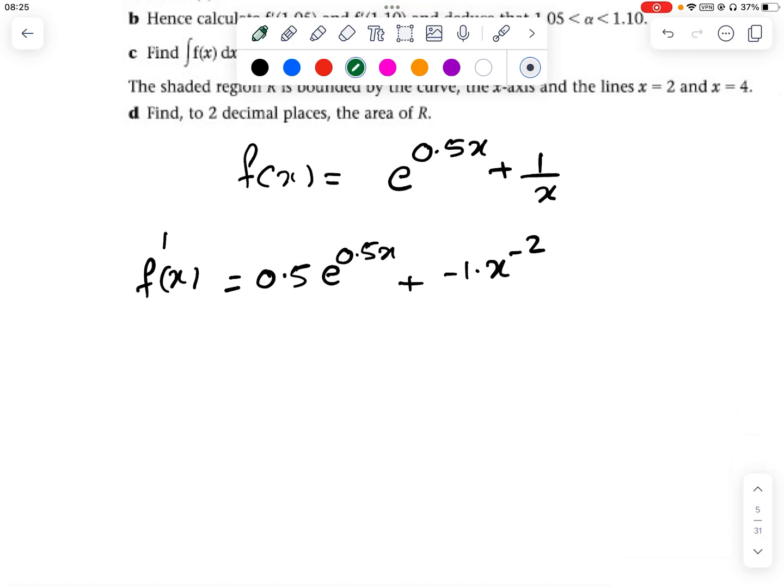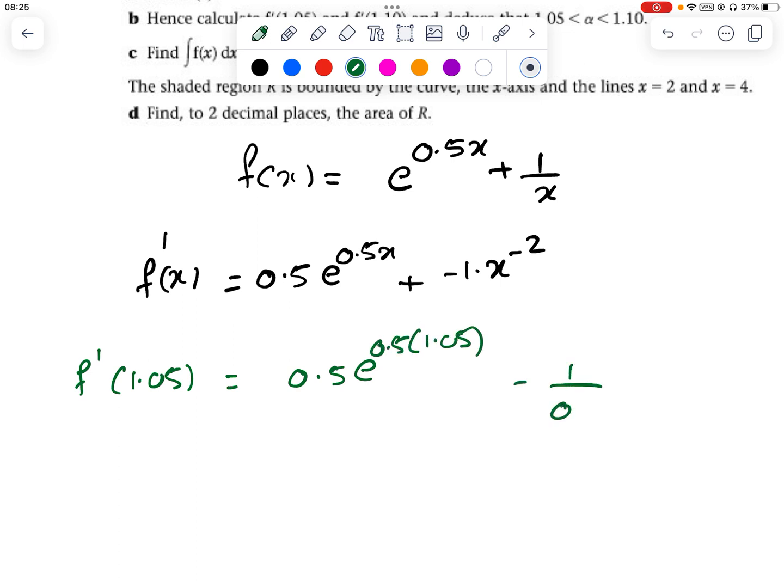Now, what am I going to find? f prime of 1.05. Plug that in: 0.5 e to the power of 0.5 times 1.05 minus 1 upon 1.05 whole squared. When I find that, I get negative 0.061, which is less than 0.